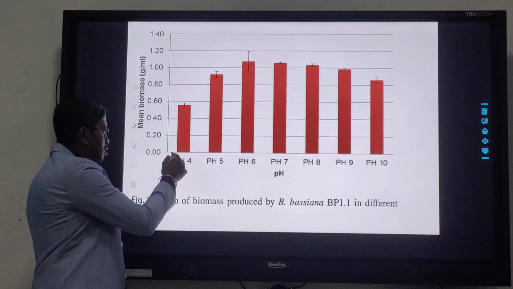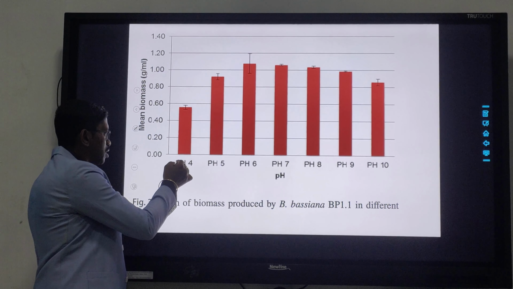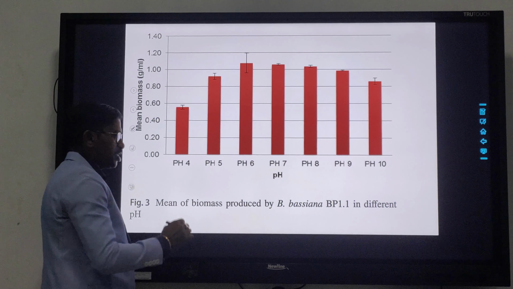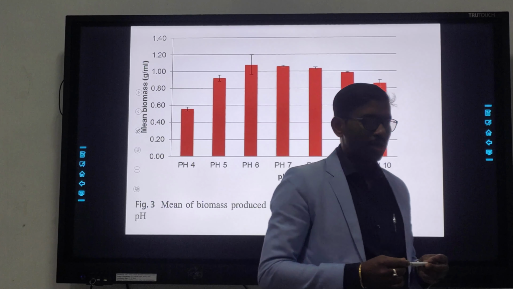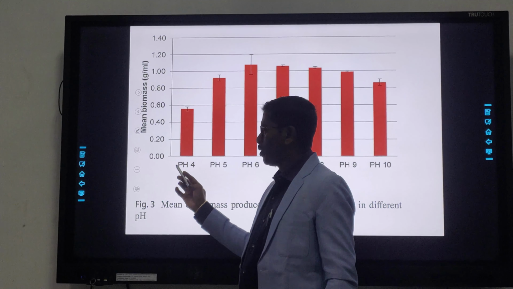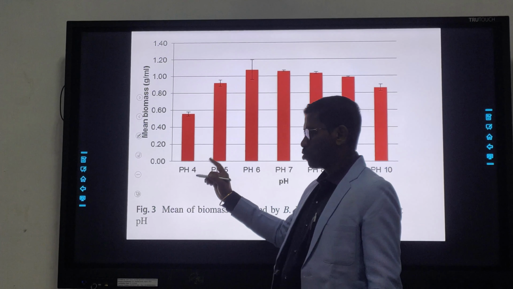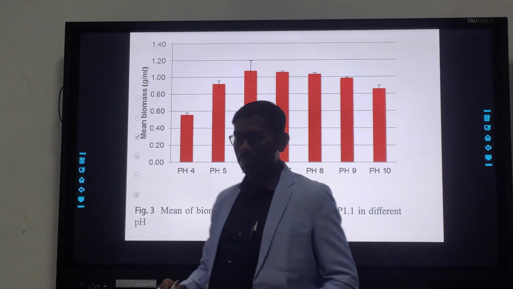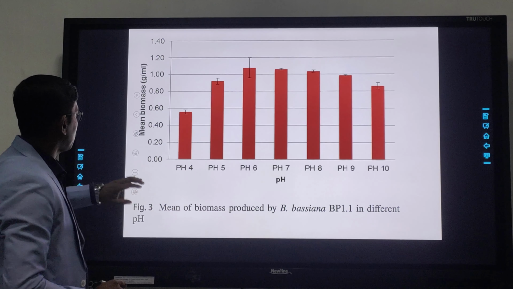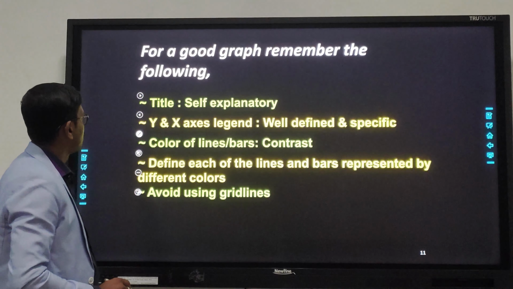The author has written pH with both letters in capital form, that is, P and H both capital. But it should not be like that. We should write p in small letter, and H in capital letter. So this type of minor mistake we should avoid at the time of preparation of a graph.